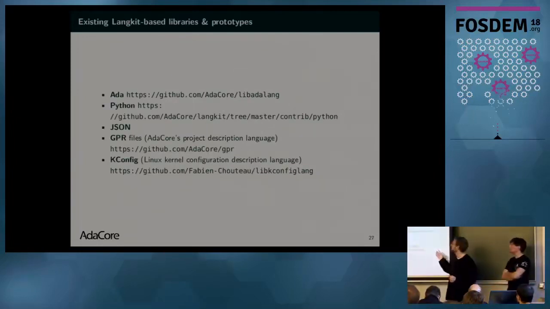And we played with other simple languages like JSON or kconfig to prove that we can actually generate frontends for more languages. And for the moment, that's all. But we hope that by raising awareness about the project, people will try to write new frontends, maybe. And tell us that it doesn't work at all and that we need to fix everything.